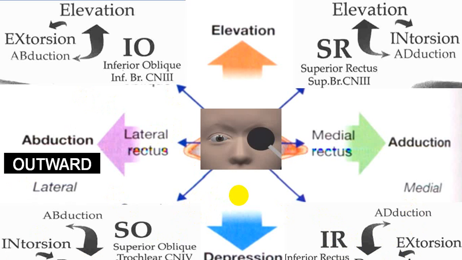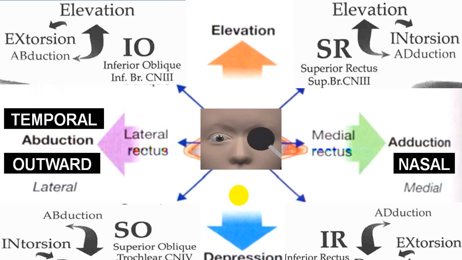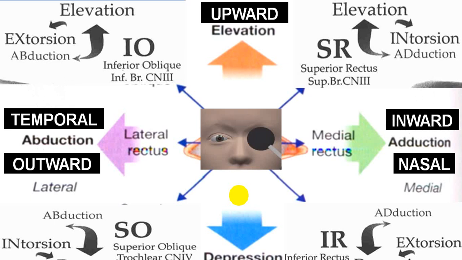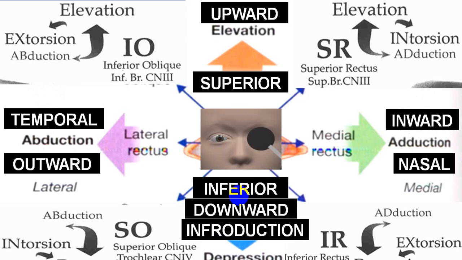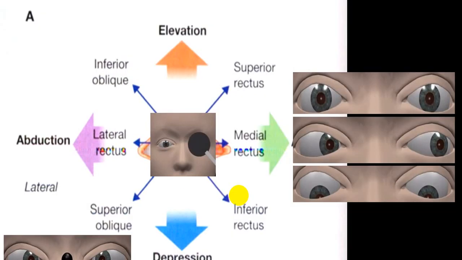So abduction we also call outward or lateral, or you can use temporal movements, while adduction is nasal, inwards, and medial. Upward or elevation, downward or depression, superior movement or inferior movement, and then infraduction, supraduction. These are all the movements together. So you can see that this is downward, this is inward, this is central, this is convergence.